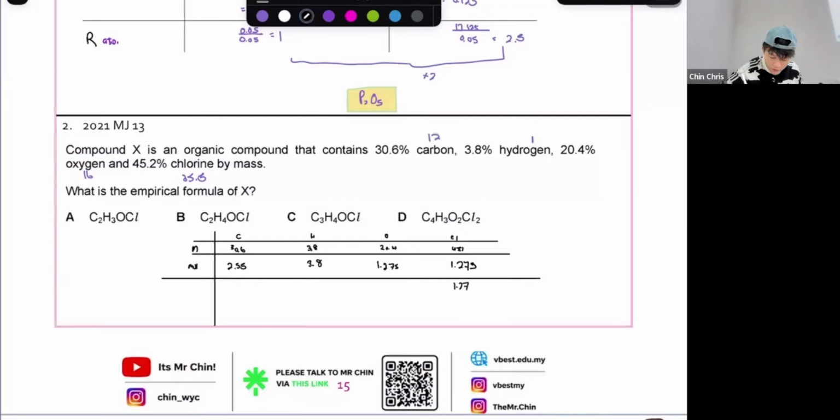I think I can divide everything by 1.27. The empirical formula is C2H3OCl.